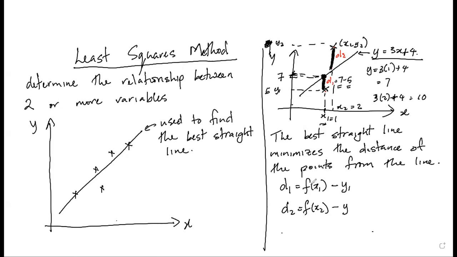So whatever this function is, I would plug in the x value to find the y value, and then we subtract it from our experimental y value. We find the equation of the line, and there's a distance between them. And this is what this sum is.